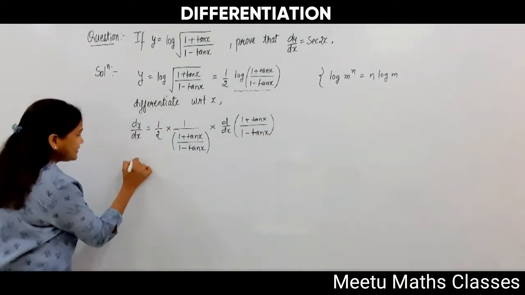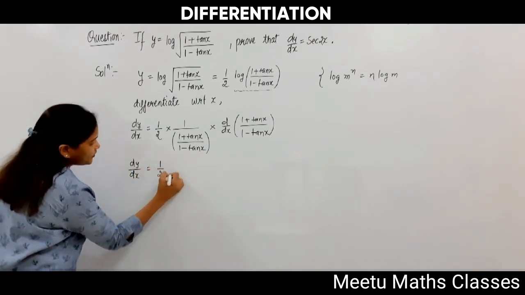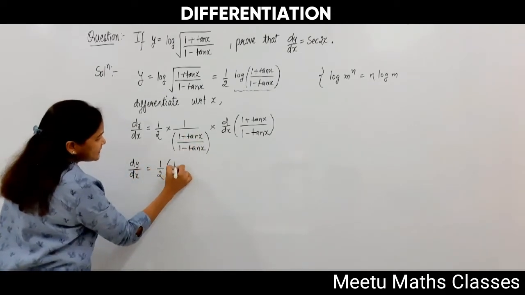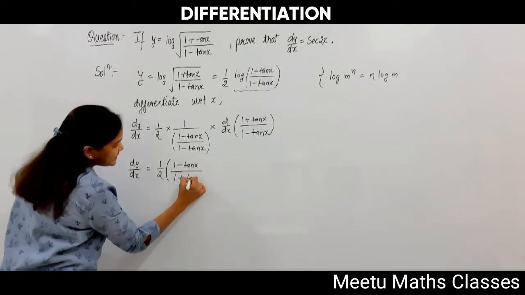Okay, and this is equal to, the derivative is equal to 1 upon 2. You can write this as 1 minus 10x upon 1 plus 10x.